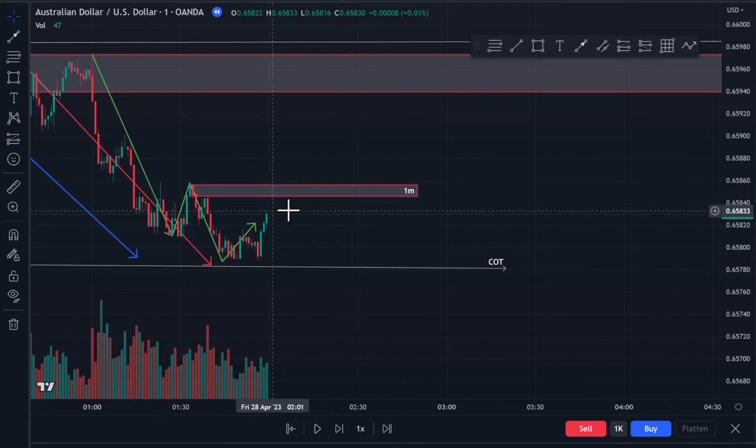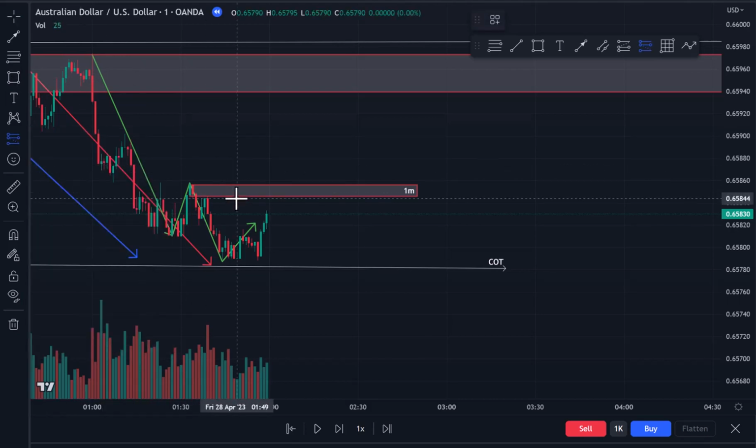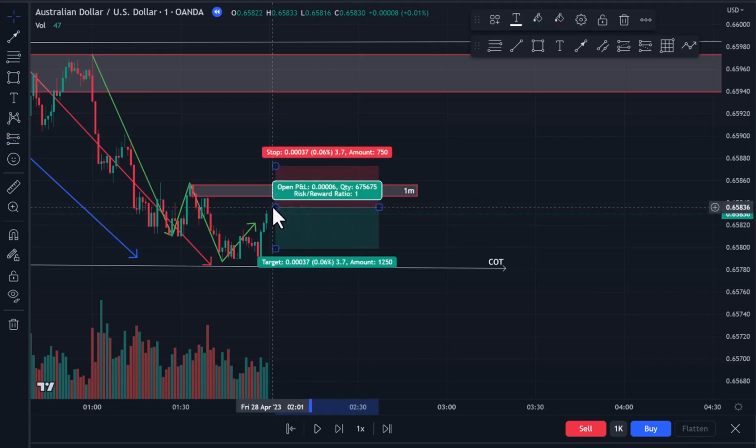So here we are, assuming that the trend is just going to continue. So we can put a short position, like a pip away, 65846, 65836. All right, we can set an order here.